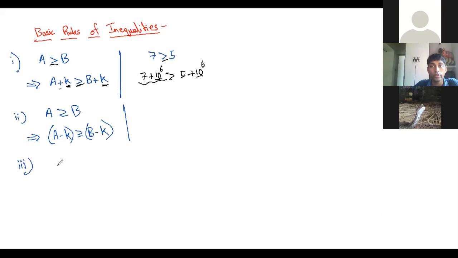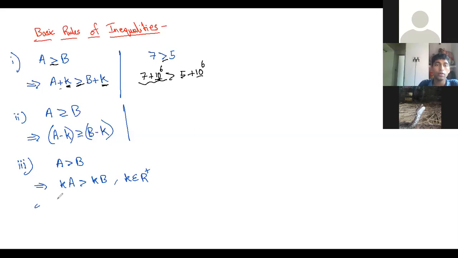Now the third point is important. It says if A is greater than B, then this implies K times A is greater than K times B, provided K is a positive real number.